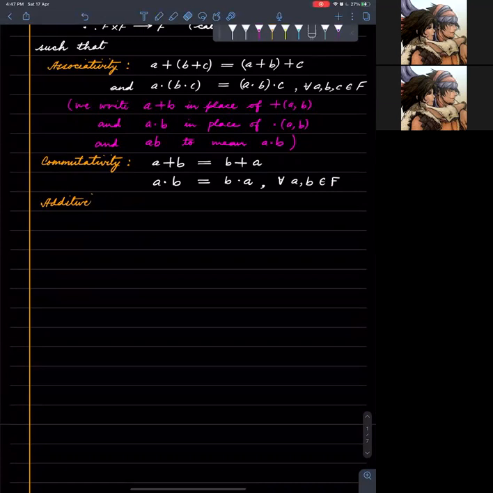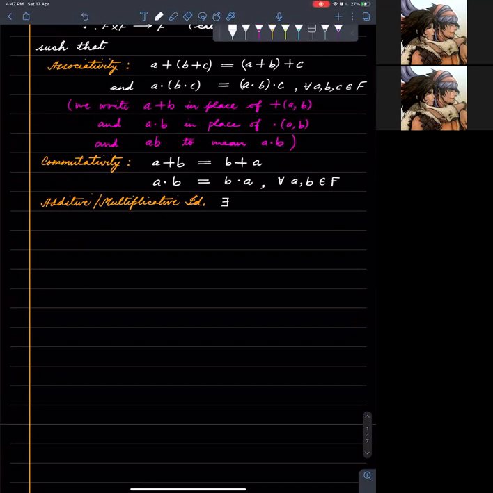Let me write it this way: multiplicative identity, which means that there exists an element which we denote by 0.